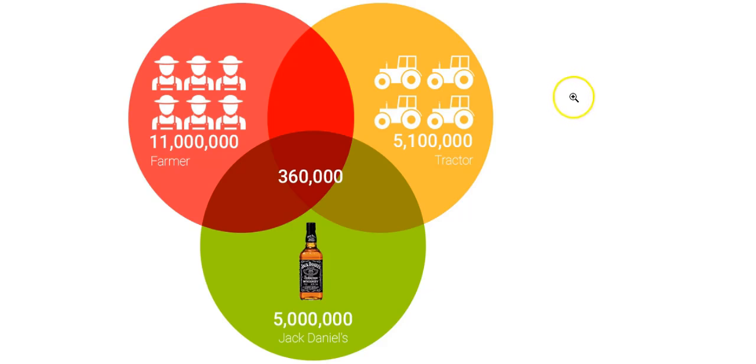Or let's take it another step further, and we can flex with 3 different interests, so it doesn't just have to be 2. So now we can say farmer, which is 11 million audience, and tractor, which is 5.1 million audience, and Jack Daniels, which is 5 million. When you intersect all 3 of these, you have 360,000.